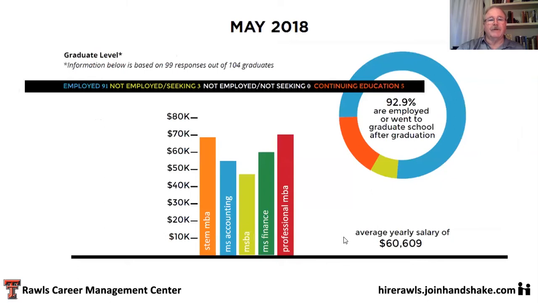Here's some information that I think you may find interesting. I know some of this is a little dated, but it will give you some ideas of what you can expect out there. I know that with the current situation in our country and in our economy, this is going to be modified. But in May of 2018, our STEM MBA students that graduated that year started with jobs that on average paid just under $70,000.